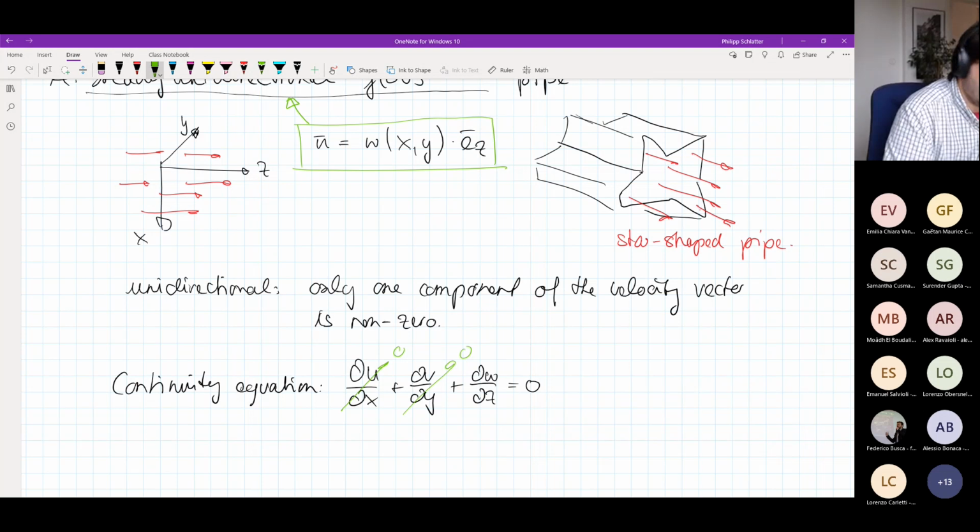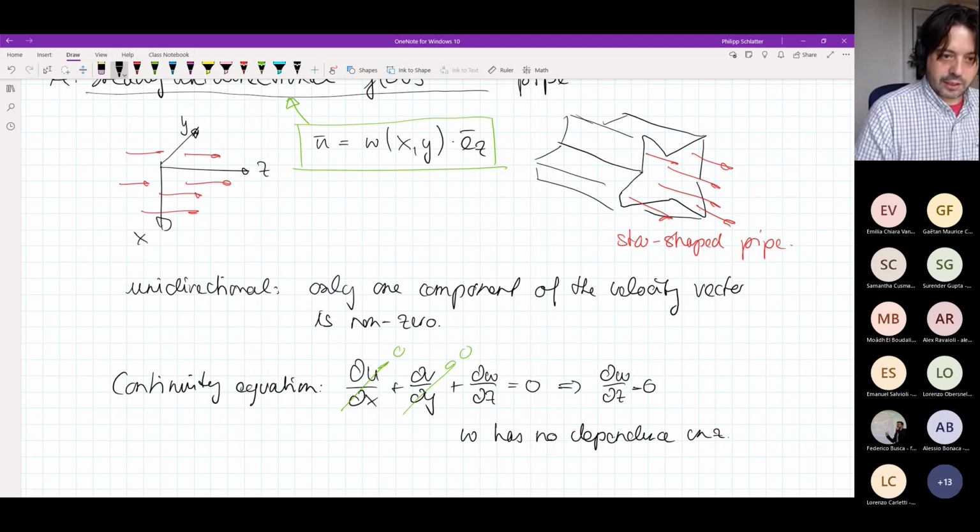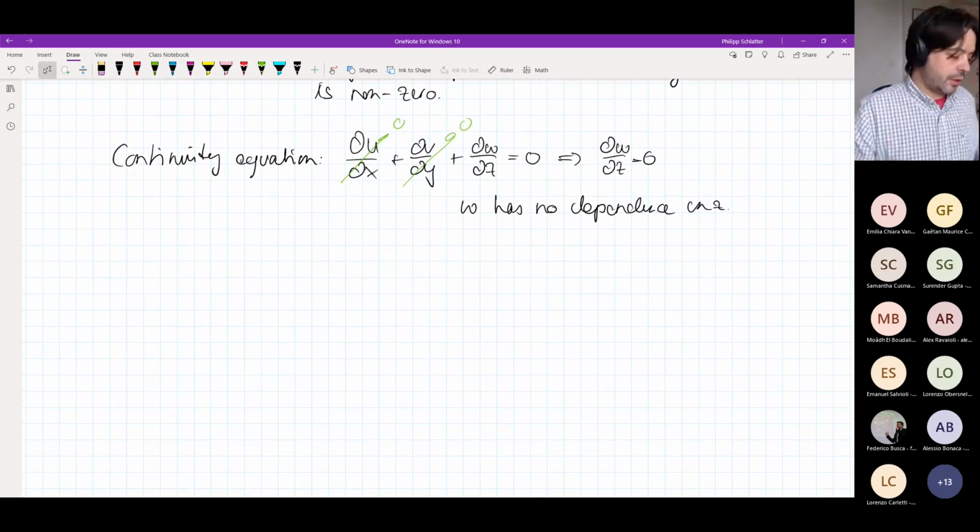And of course, this means that we only have dw/dz equal to 0 left. And what this means is that w has no dependence on z. So whatever cross-section I look at of my pipe, it has the same velocity. There is no dependence on the z direction. And of course, that's already an important result.